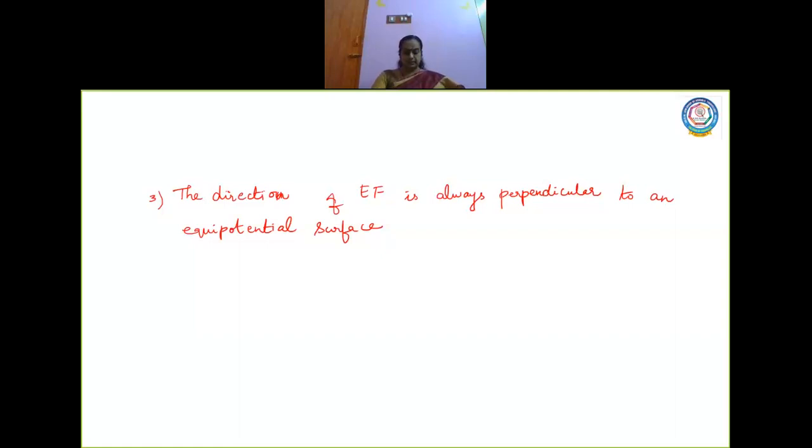You should remember this, because if it is not going to be perpendicular, again let us imagine a small surface here. Now A and B points are there. Now as I told you, electric field is always normal. In that case, this is how it will be in an equipotential. Imagine the electric field to be not normal.